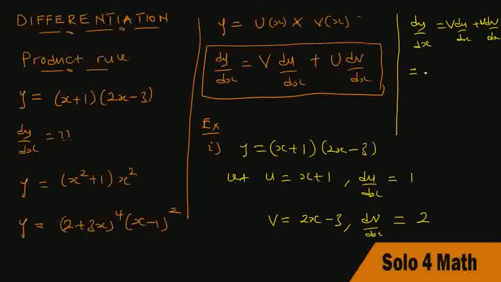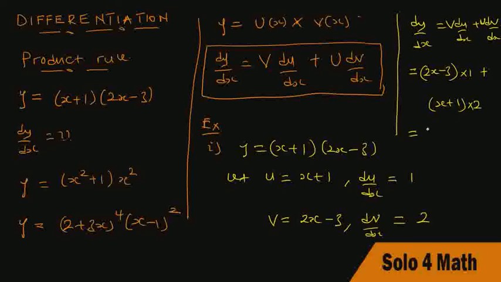What is our v? Our v is 2x minus 3 times du/dx, which is 1, plus u. What is our u? Our u is x plus 1 times dv/dx, which is 2.